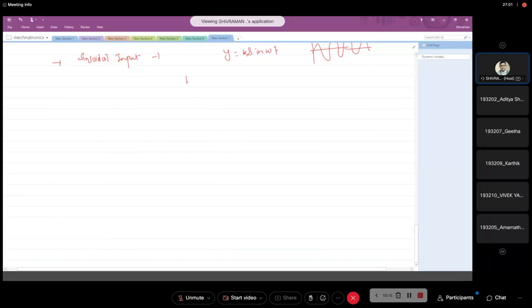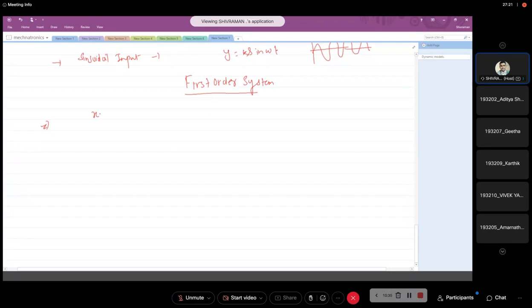So first we will deal with a first order system. A first order system is represented by a first order derivative with respect to time.